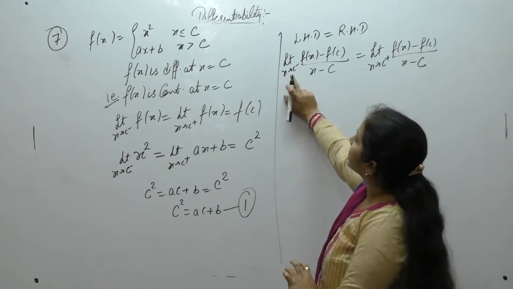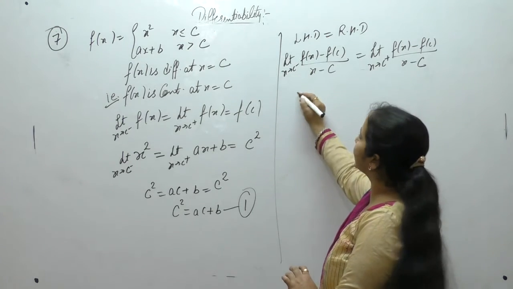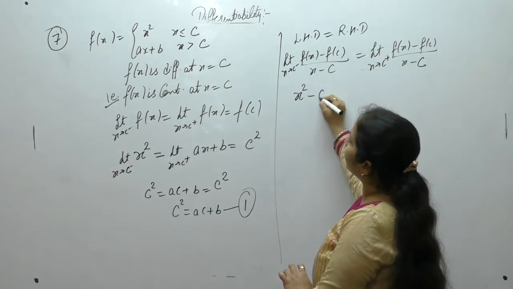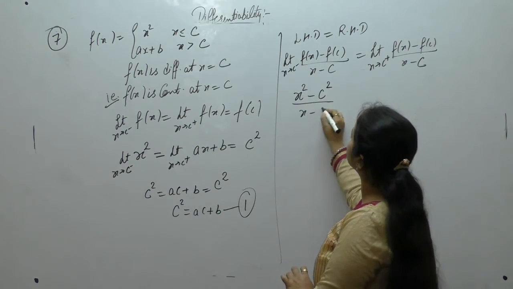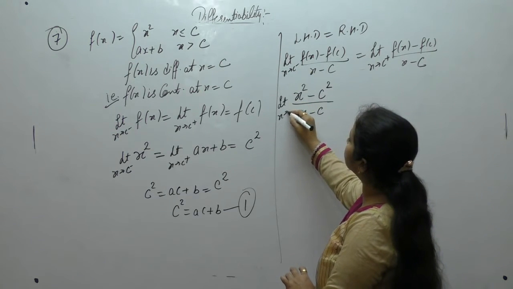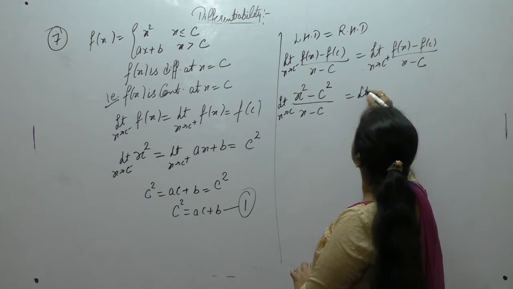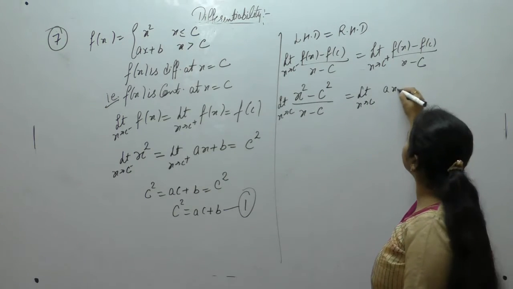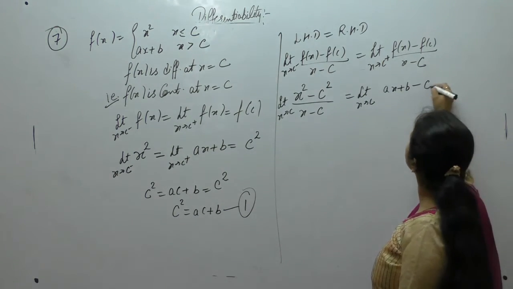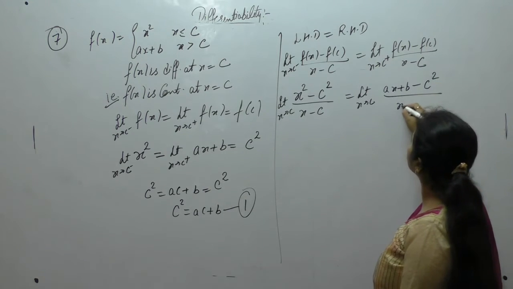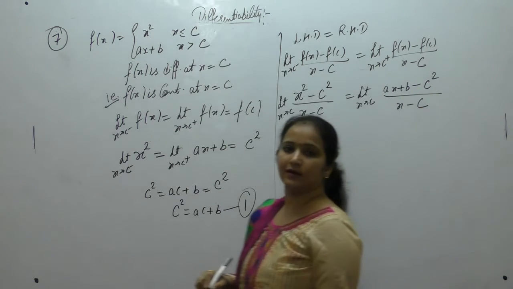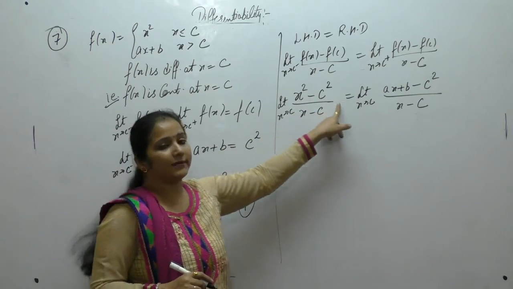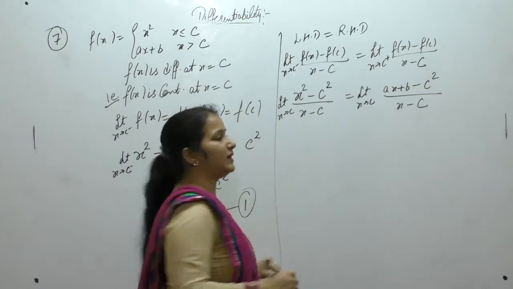Now f of x when x tends to c negative is x square, f of c is c square, limit x tends to c is equal to f of x when x is greater than c, ax plus b, f of c is c square upon x minus c. a square minus b square, a minus b, a plus b.